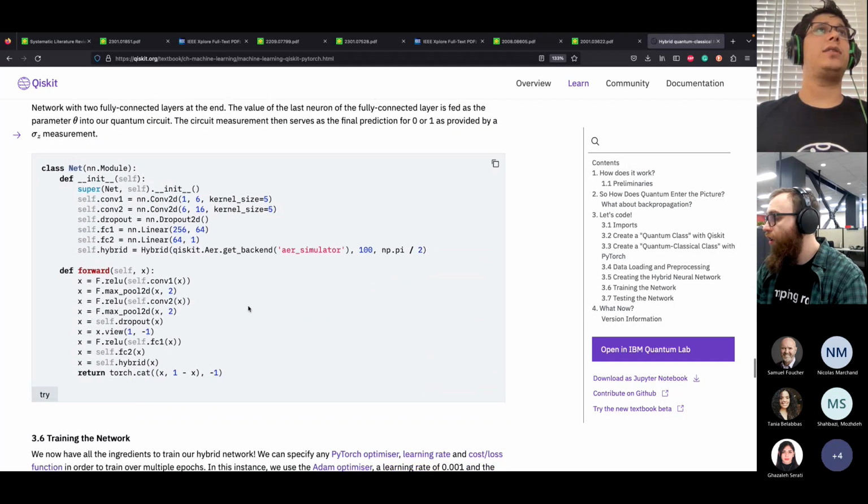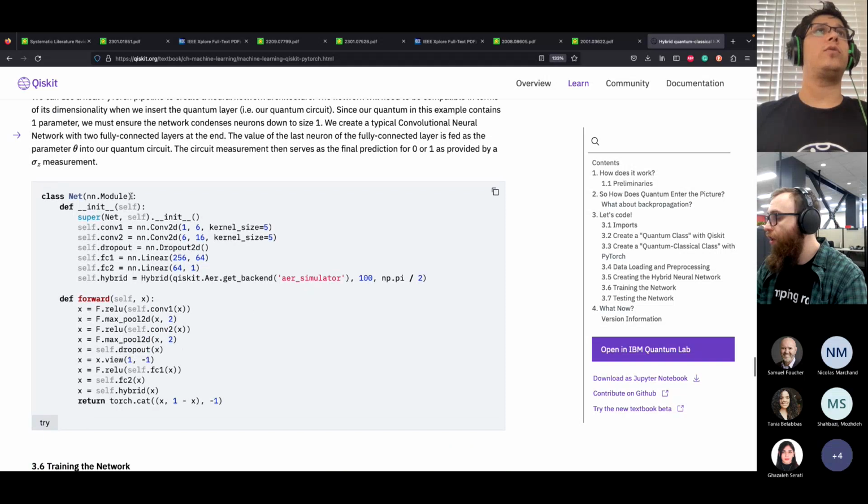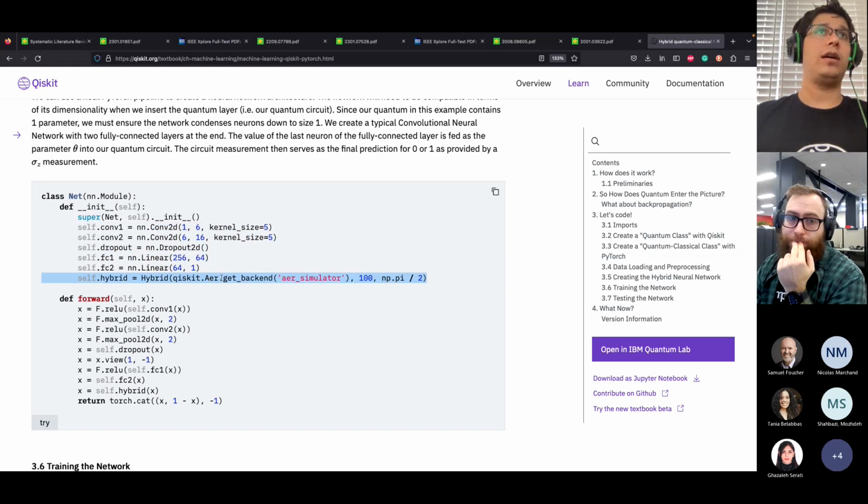And here is the neural net. You create a class that inherits from this nn.Module from PyTorch. You do everything as you would in PyTorch, and you can add this hybrid layer that we added before. Of course, you have to add how to run the circuit.